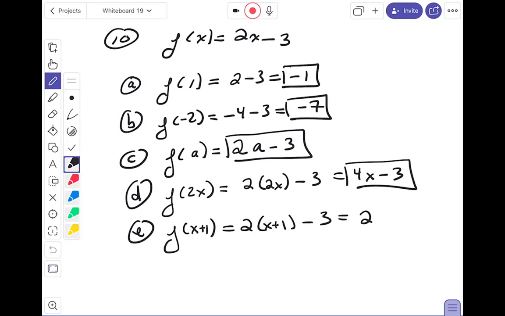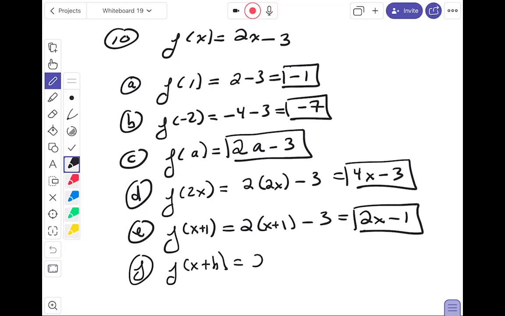Looks pretty easy to do. 2x plus 2 minus 3 is 2x minus 1. Again, we'll check the key later. Let's go to F. This is a long problem, isn't it? That's f of x plus h. 2 times x plus h minus 3, which is 2x plus 2h minus 3. How much can I do about that?